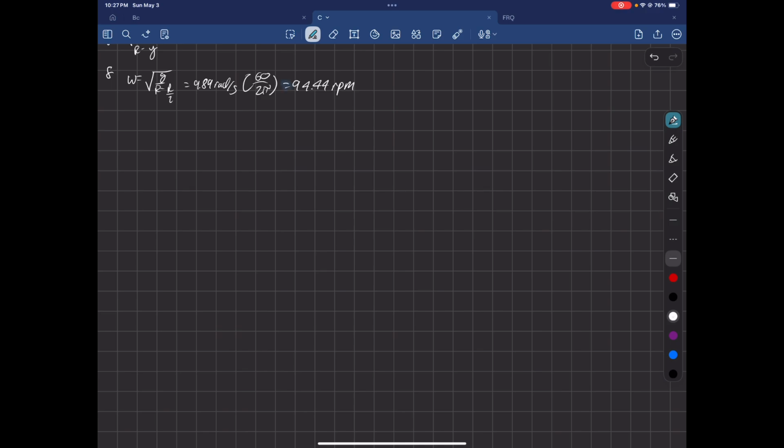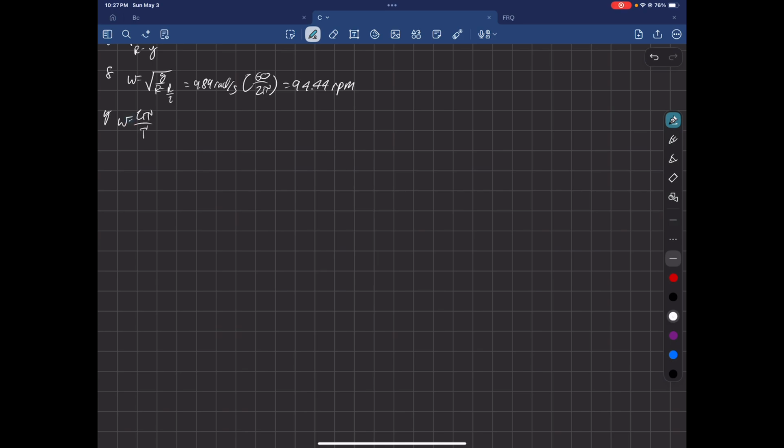For part G, it asks to derive an expression for the period. So speed is equal to distance over time, but if we convert it to angular, omega is equal to distance, which in radians is 2 pi, over the period.